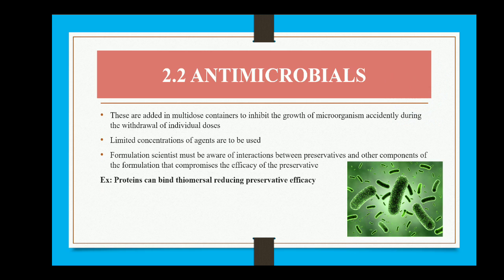Example is a protein that can bind to thiomersal, reducing the preservative efficacy. Partitioning of the preservative into the micellar phase or oil phase can reduce the effective concentration of the preservative available for bactericidal or bacteriostatic action. PET should be done on the formulation to assure an effective preservative concentration.